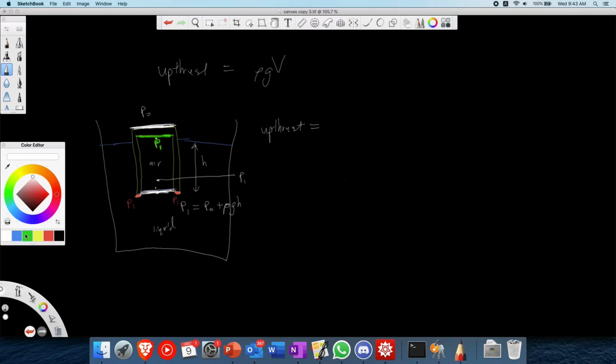So this is equal to P1 times, let's say this small area is A1, plus P1 times this surface A2, minus P0 times the total area, which is A1 plus A2. Sorry, it's a minus because it's acting downwards.